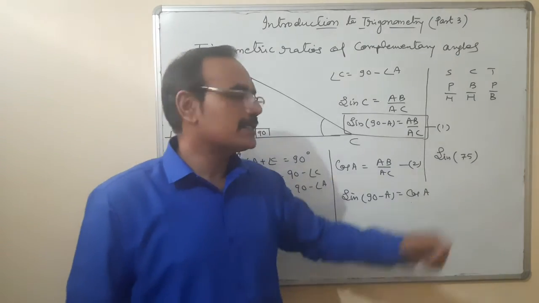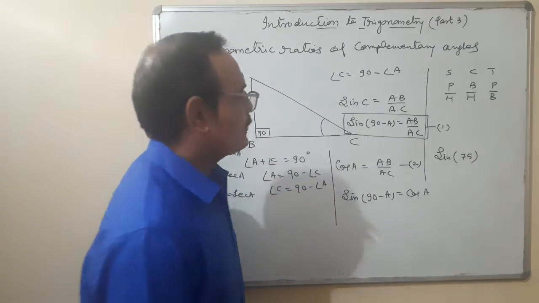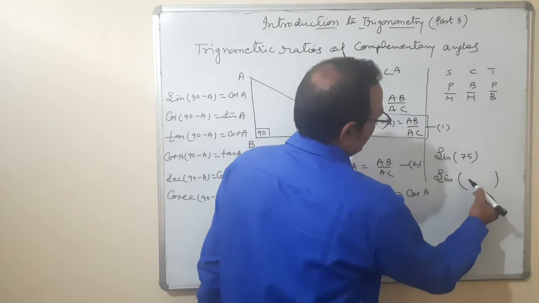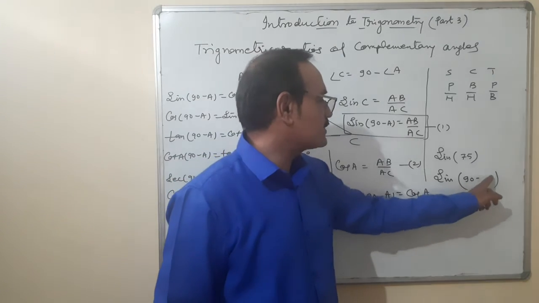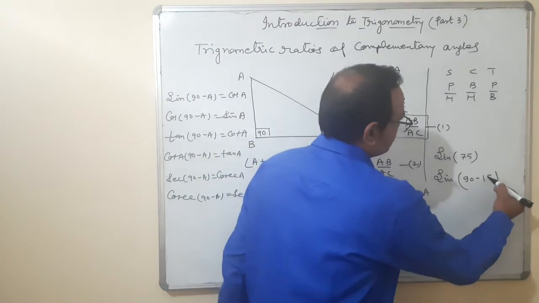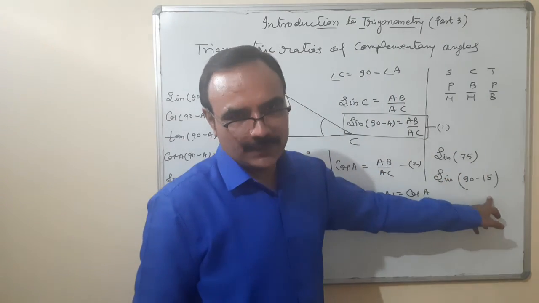Sine 75 can be written in the form of sine 90 minus, what should I write here so that 90 minus something is equal to 75. So 90 minus 15. So sine 75 can be written as sine 90 minus 15.